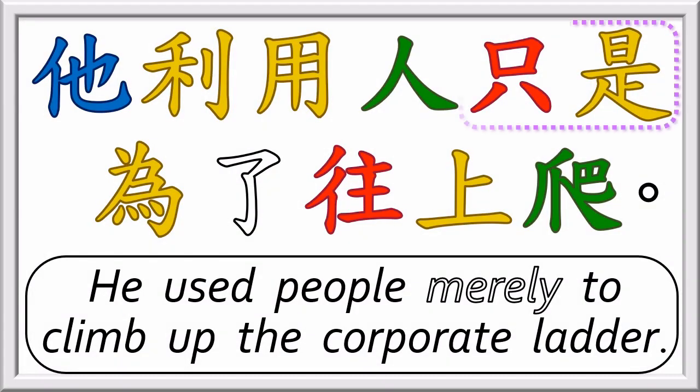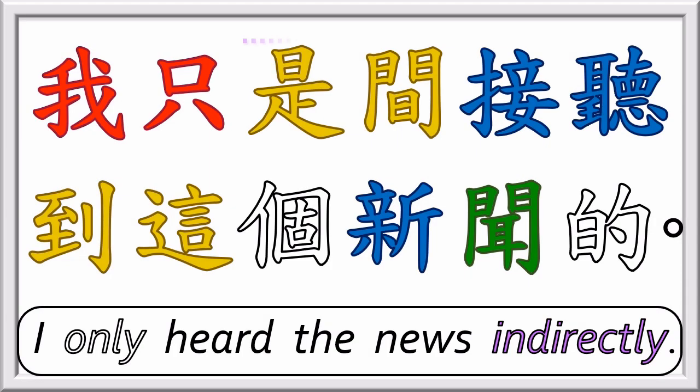Another, only, just, or merely, is 只 with 是，只是。他利用人只是为了往上爬。He used people merely to climb up the corporate ladder. 我只是间接听到这个新闻的。I only heard the news indirectly.